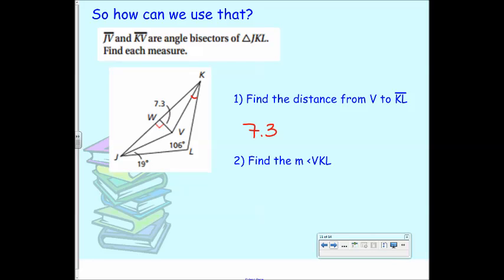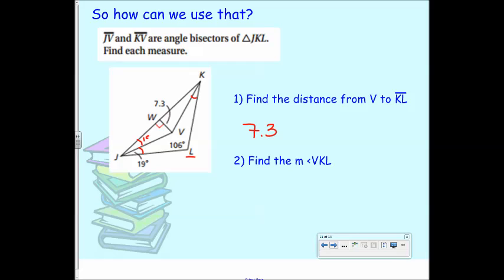Jennifer? They tell you that angle L is 106. And then they give you the angle measure of 19. So you know the other side is 19. So this must also be 19. So you add that all up: 106, 19, 19.